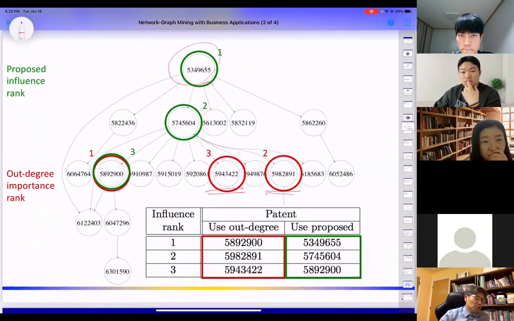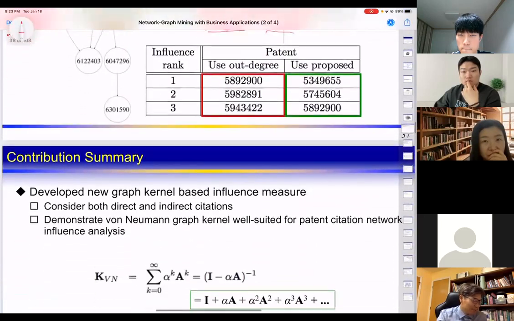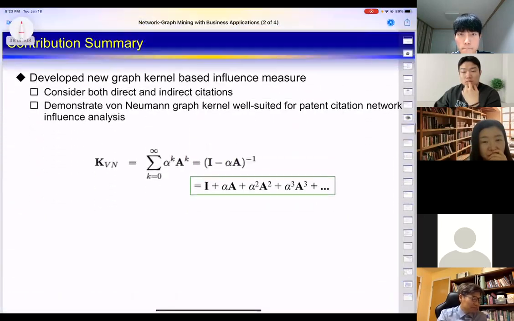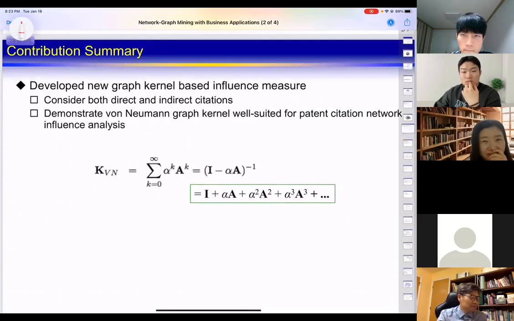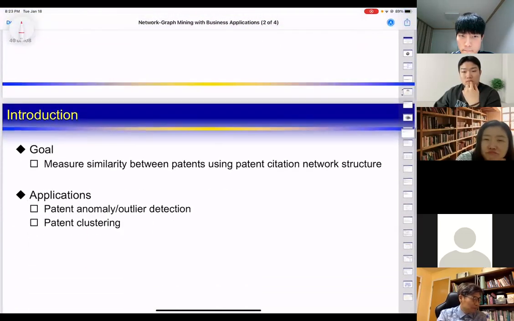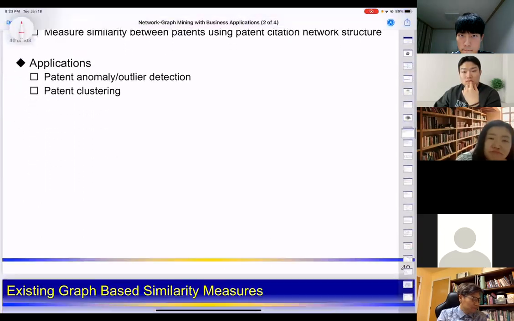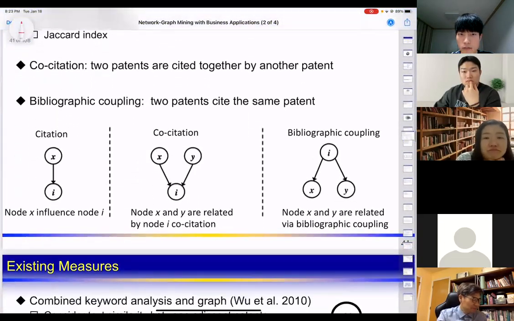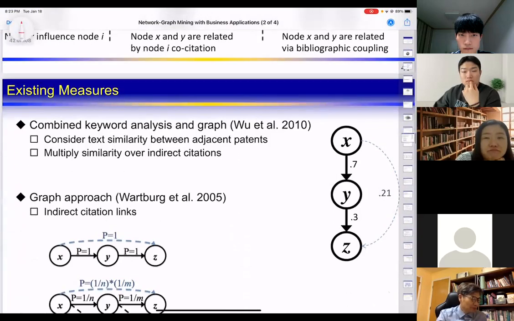Or a different result, right? But how do you know which one is more important, actually? Anyone has any idea?